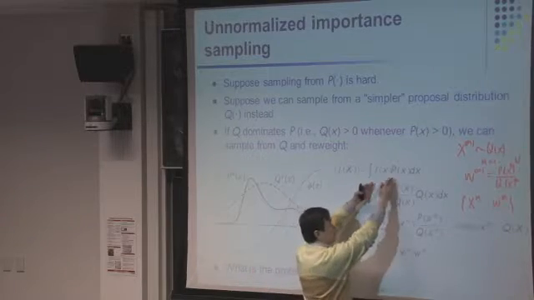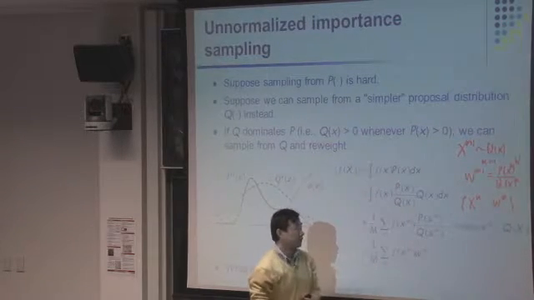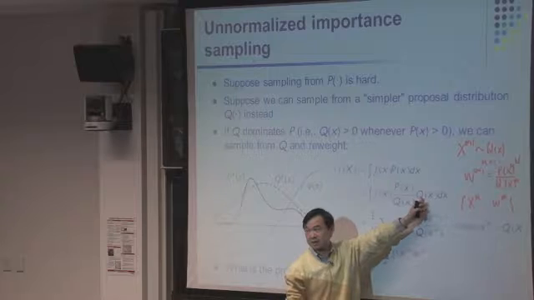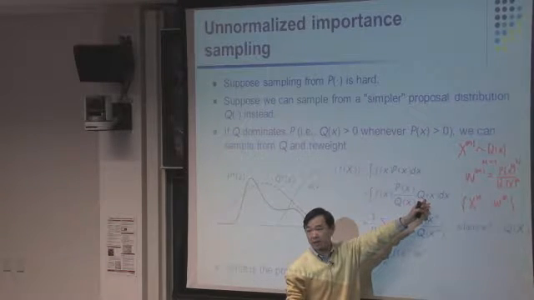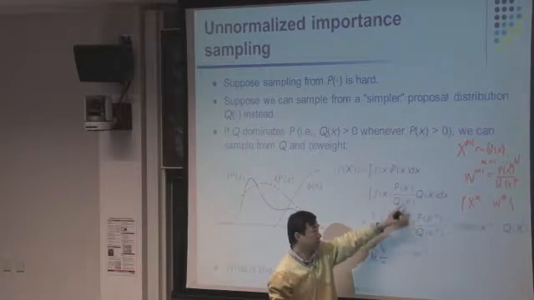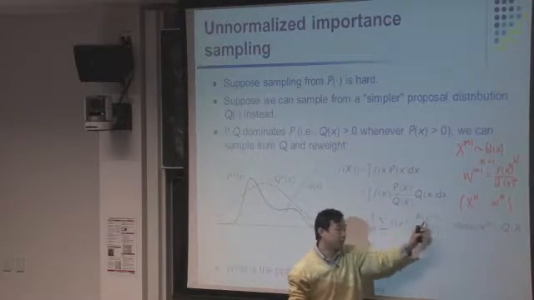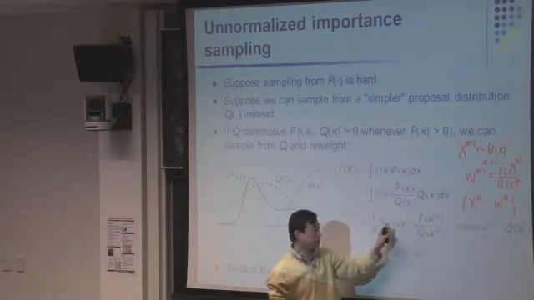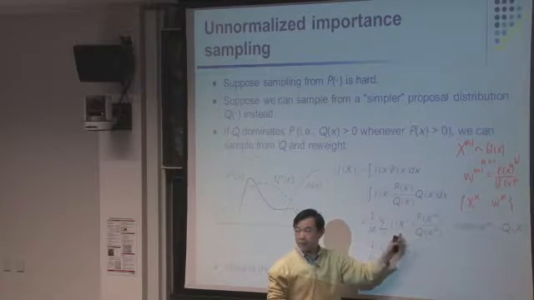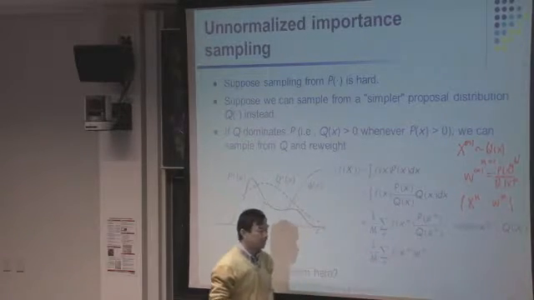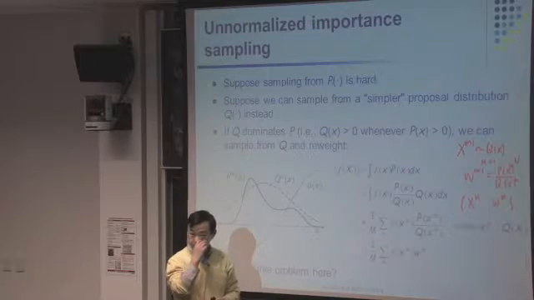In this case, you treat this whole thing as a target, and then you replace this expectation with a summation over samples. Therefore, you replace the Q integral with samples from Q, and then plug the samples into this first term. And that basically shows the correctness of this algorithm.